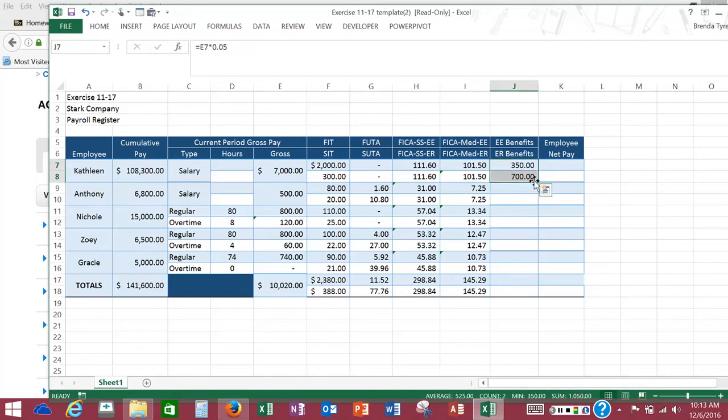Anthony will be the same thing, so we can just copy that down. And now when we get to Nicole and Zoe, we need to remember that we need to add the 2 together again. And that we can copy down.